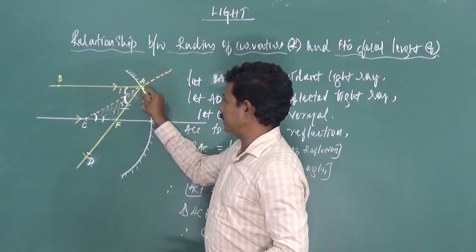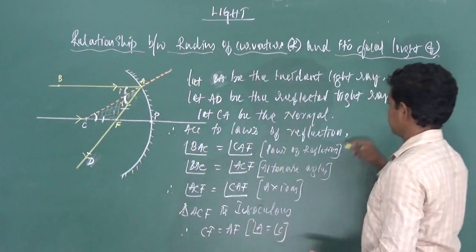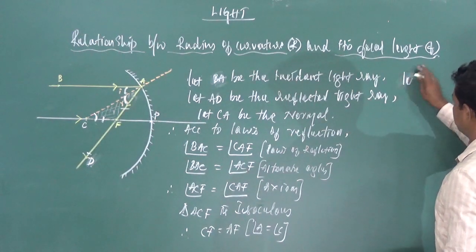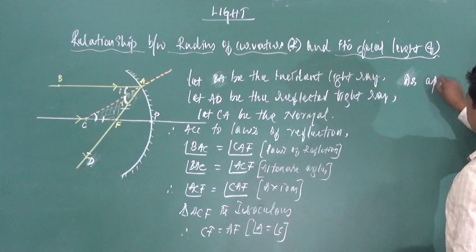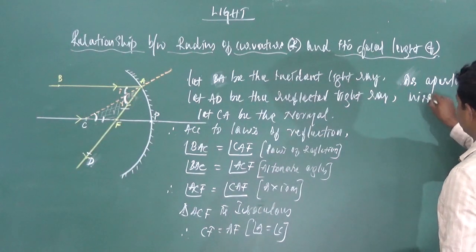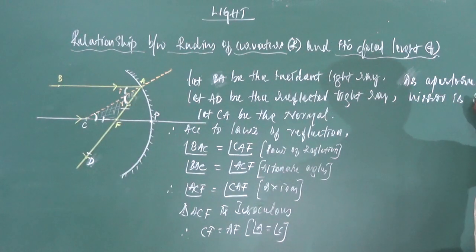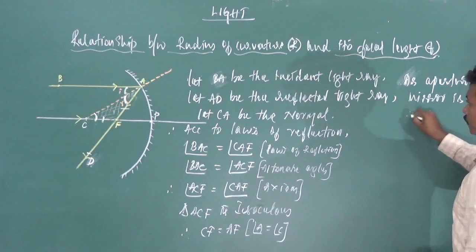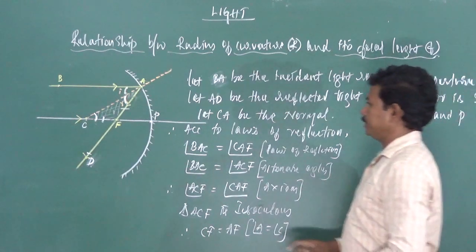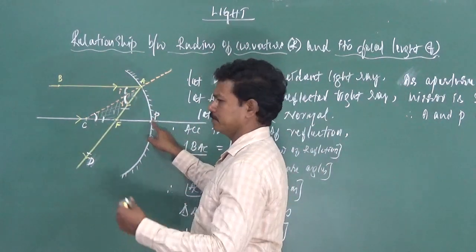Now as the aperture of the concave mirror is small, points A and P coincide. Let us imagine that.